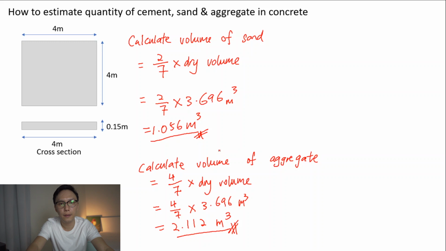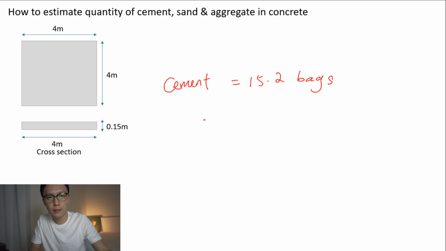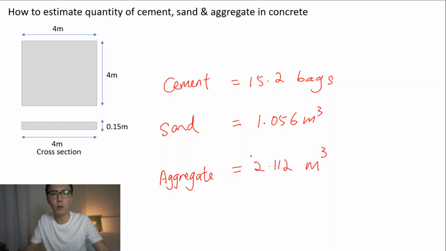Okay, so we can conclude that for cement we need 15.2 bags, and sand we need 1.056 meter cube, and aggregate we need 2.112. So these are the conclusions of the calculations.